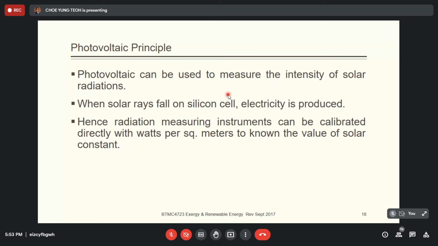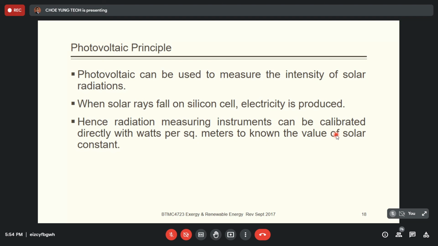Of course, not all photovoltaic panels are made from silicon, but silicon is the most cost-effective solar cell, because silicon is very cheap. We still have many types of photovoltaic panel, but the silicon cell is a widely used solar cell. When solar rays fall on a silicon cell, electricity is produced, and hence the radiation measurement instrument can be calibrated directly in watt per square meter to know the value of solar radiation.